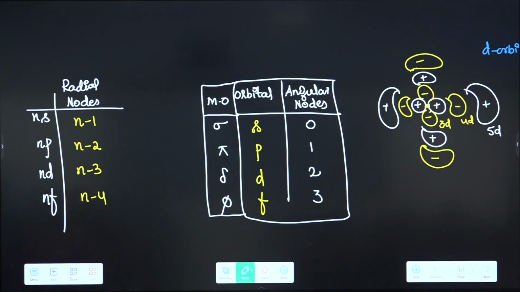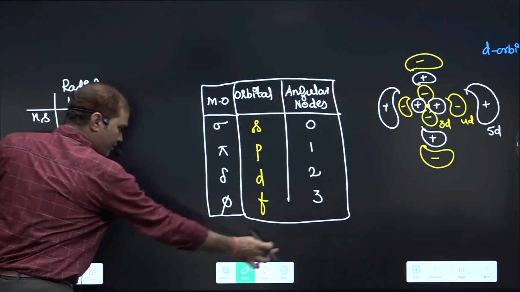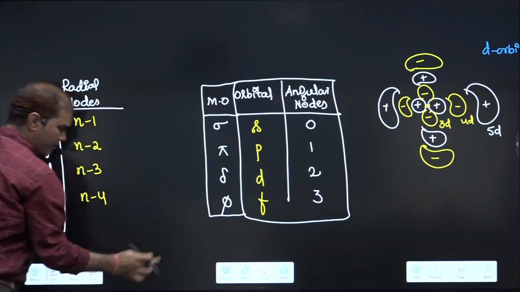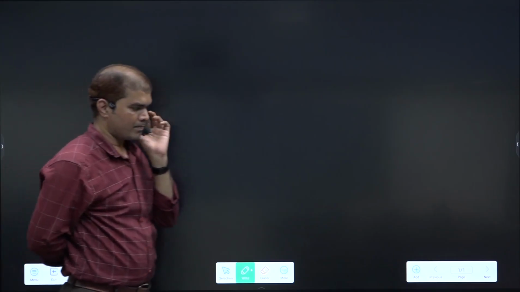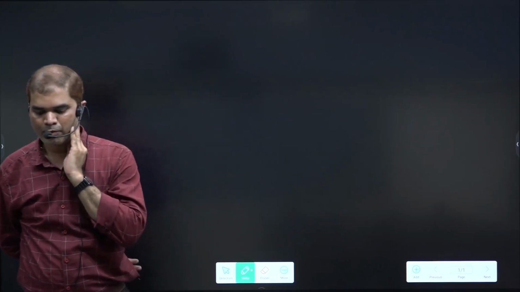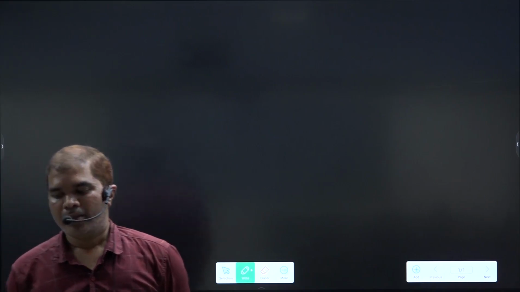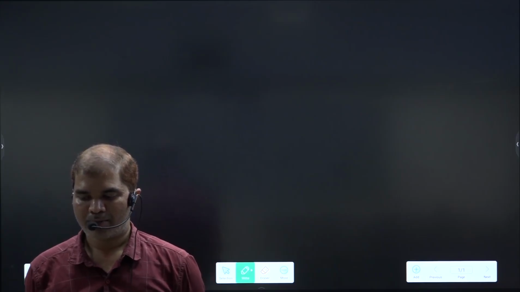Completed? Write a question. What is the formula to find out the total number of nodes?